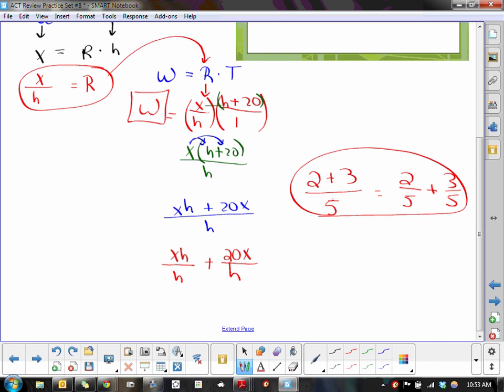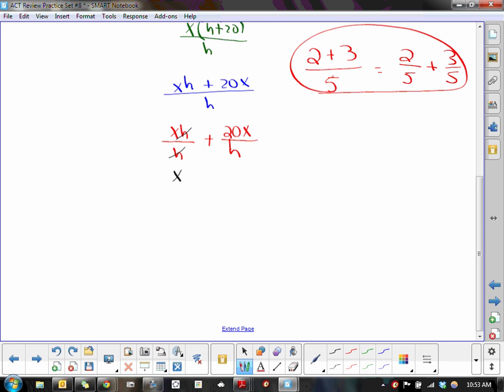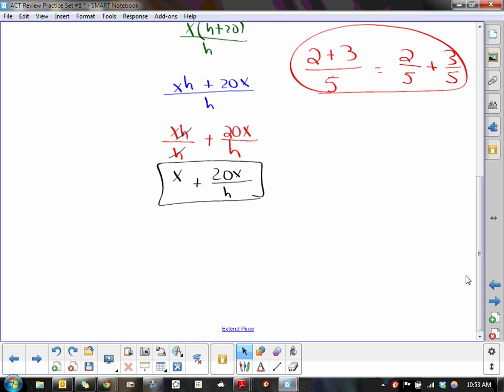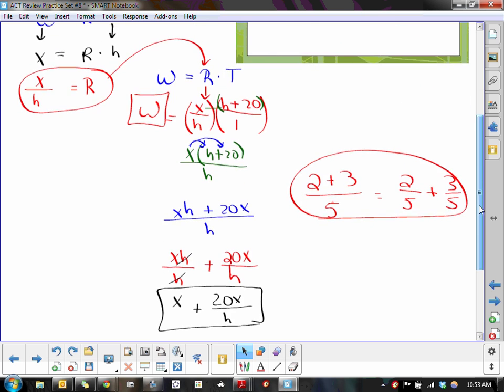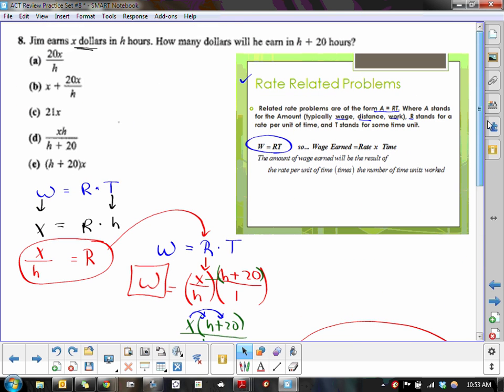You can break up the fraction over a common denominator. And now the only advantage you get out of this is you can reduce the H's. Now you have an equivalent expression of X plus 20X over H. And this is the answer choice that they give you to match. Like I said, there are many different forms of the correct answer. That just happens to be the final form that they wrote their answer in. So that's letter B.